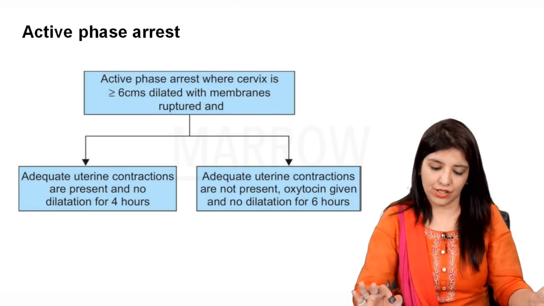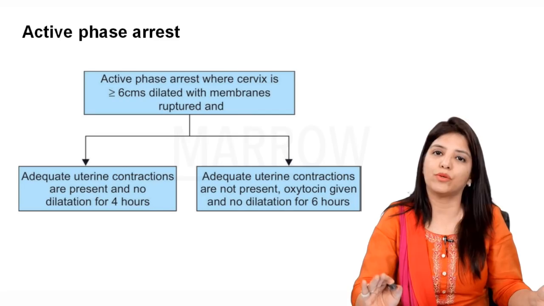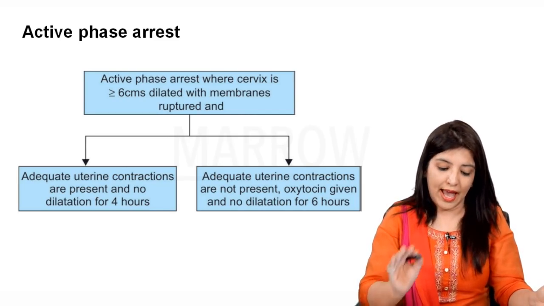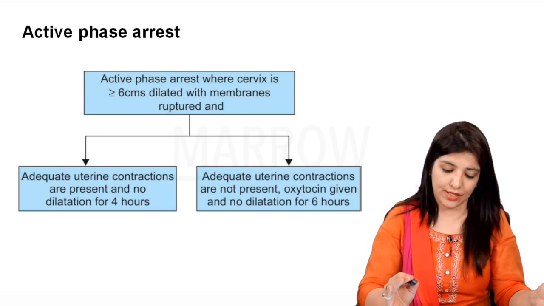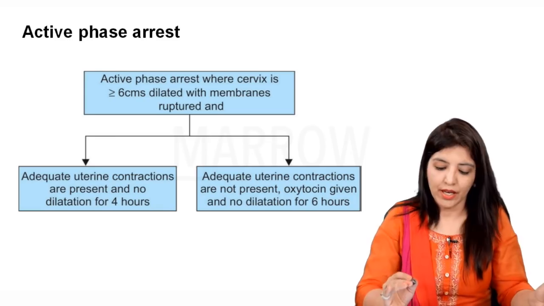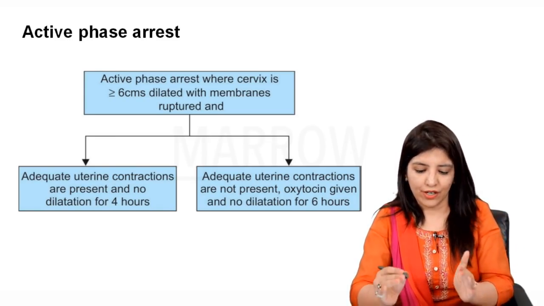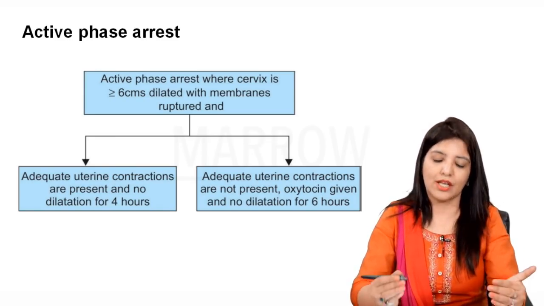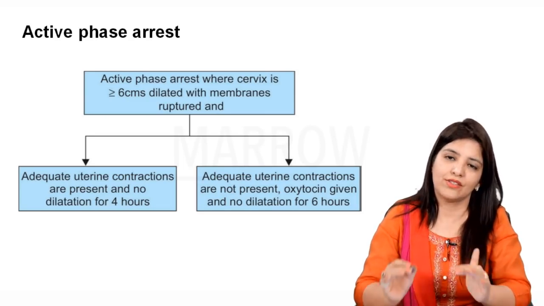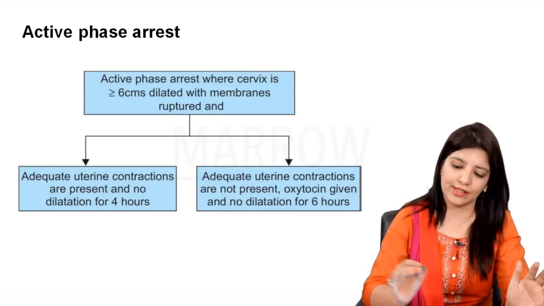Active phase arrest is where the cervix is more than or equal to 6 centimeters dilated with membranes ruptured and adequate uterine contractions present and there is no dilatation for 4 hours. If adequate uterine contractions are not present, oxytocin is given and still there is no dilatation for 6 hours. Then you call it active phase arrest.